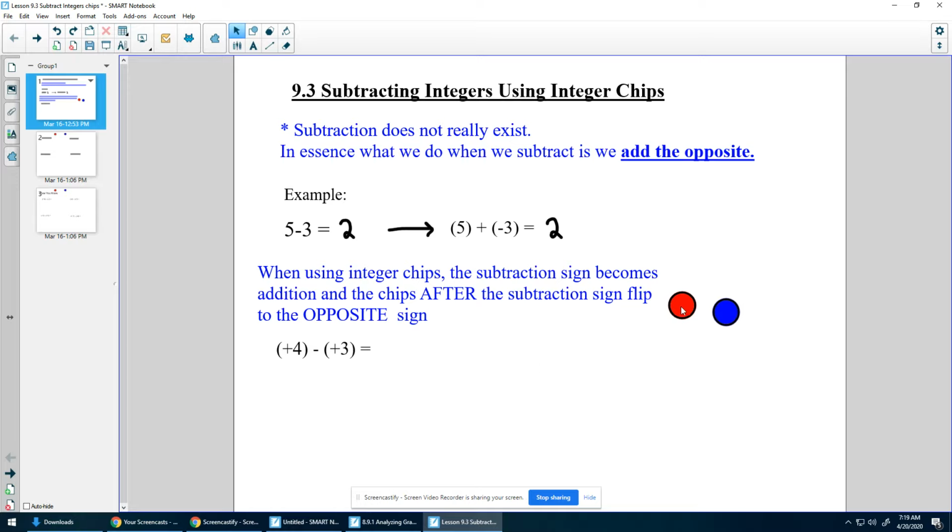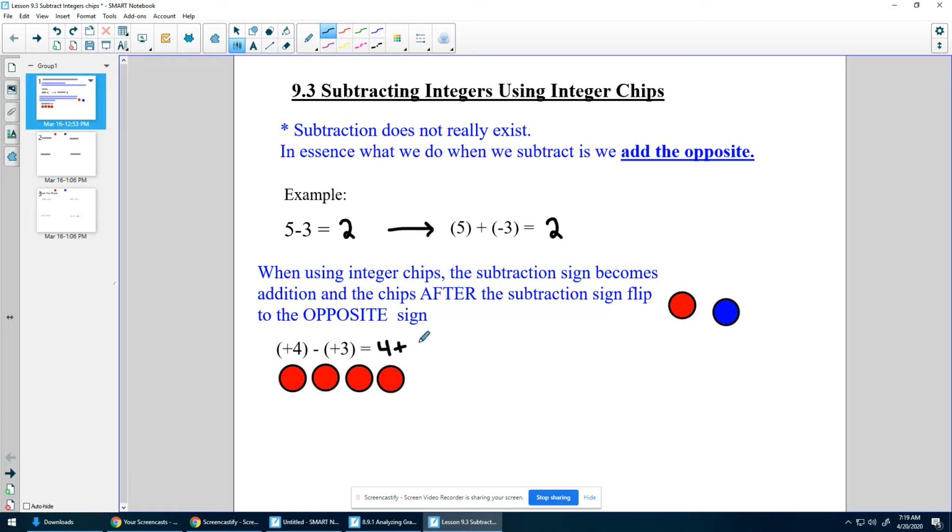So we're going to start with positive 4. And we'll write this out as well. So we have 4. Our sign is going to flip.